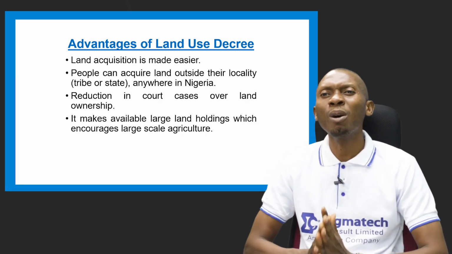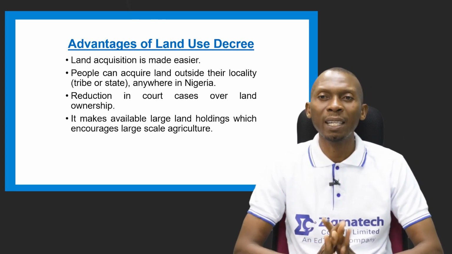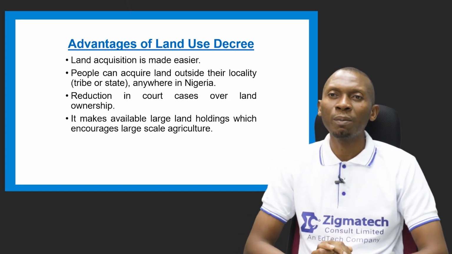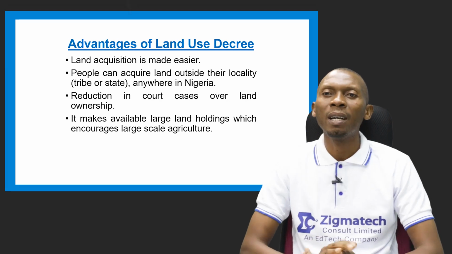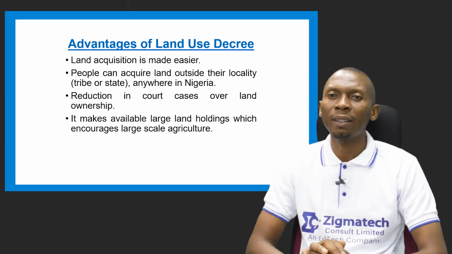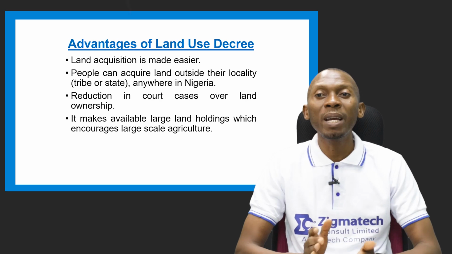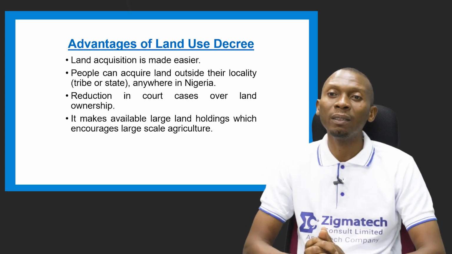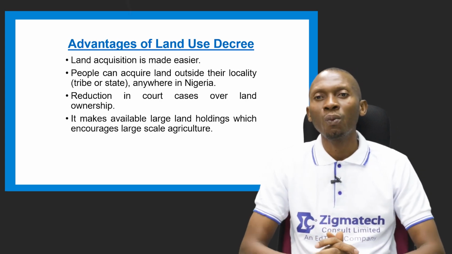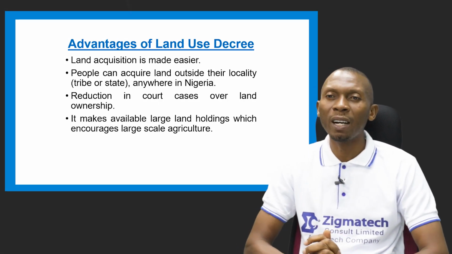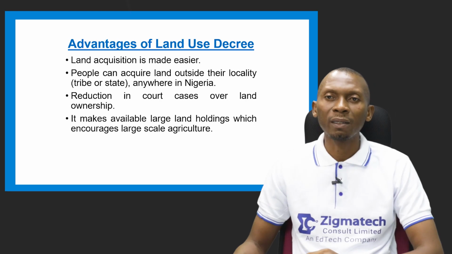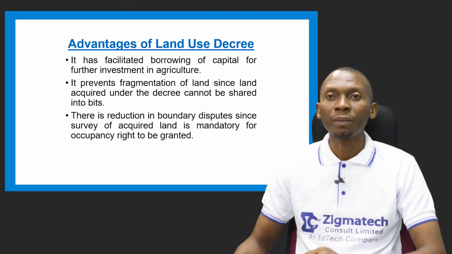And it has also helped to take care of the issue of court cases as regards land ownership. So the land use decree has been able to bring about a reduction in court cases as regards land ownership. It has also made large land holdings available, which is very helpful for large-scale agricultural farming.